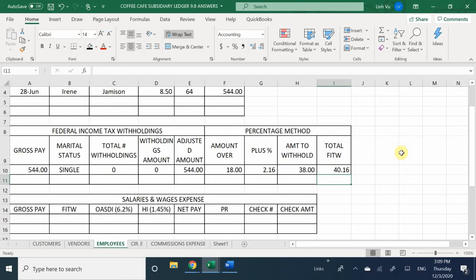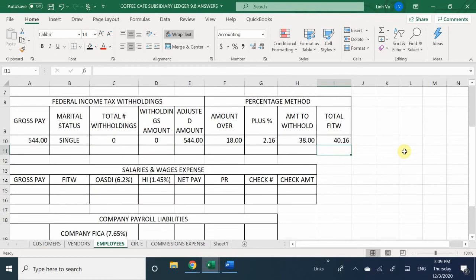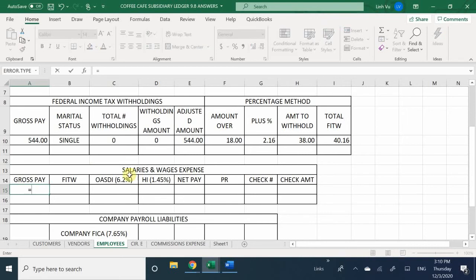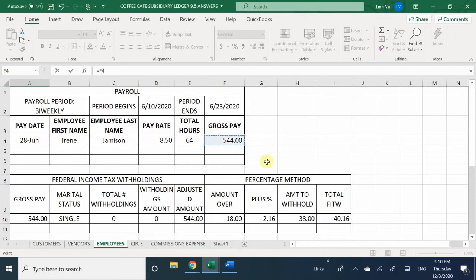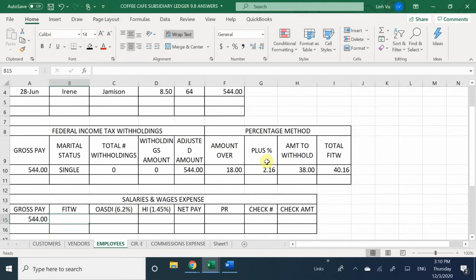I made this table so it's easier to plug in your answers and easy to calculate. Now we're going to bring this amount down to her salaries and wages. Let's bring her gross pay, which is the $544. How much federal income tax withholding did we calculate? $40.16.